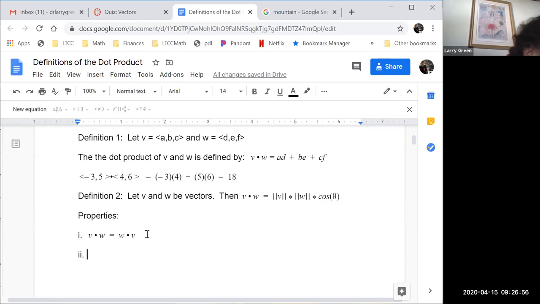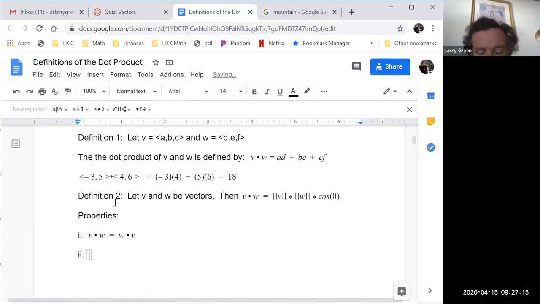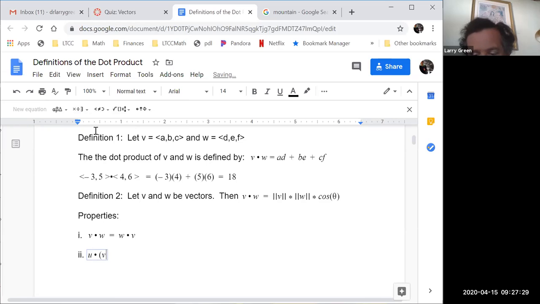Okay, so by the way, that's the commutativity. Then we're also going to have the distributive property will be true. So let's write that out. The distributive property is U dotted with V plus W equals, so what does the distributive property say?